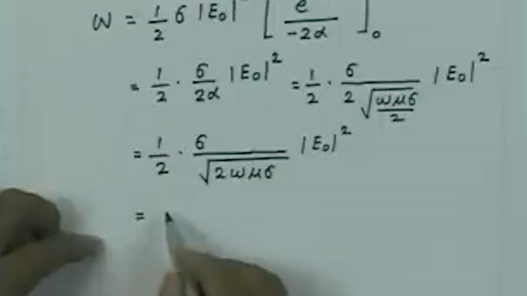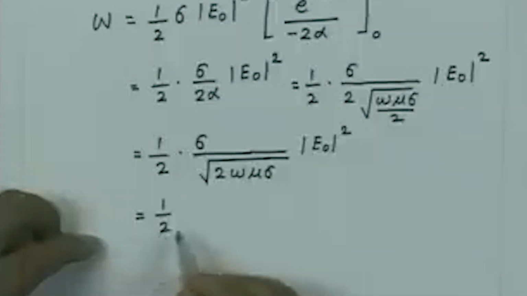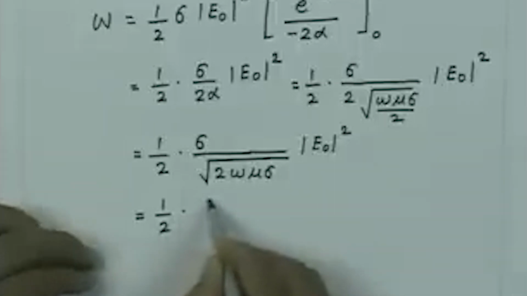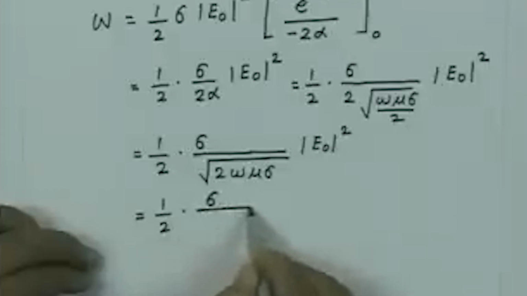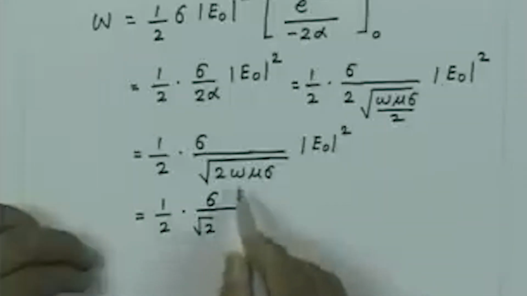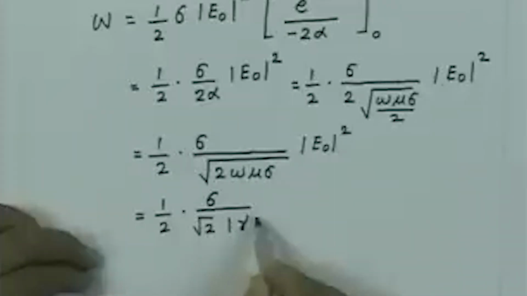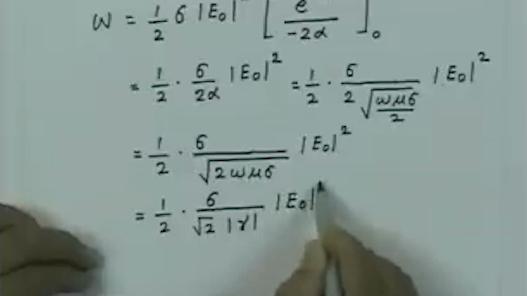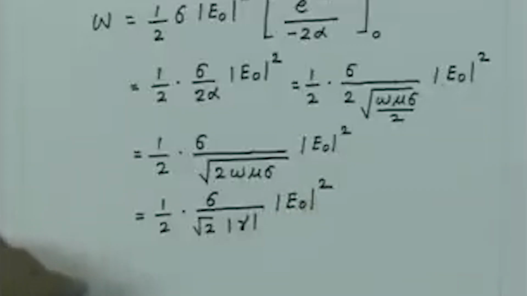So, I have here this is equal to half sigma upon root 2 into mod gamma into mod E naught square.